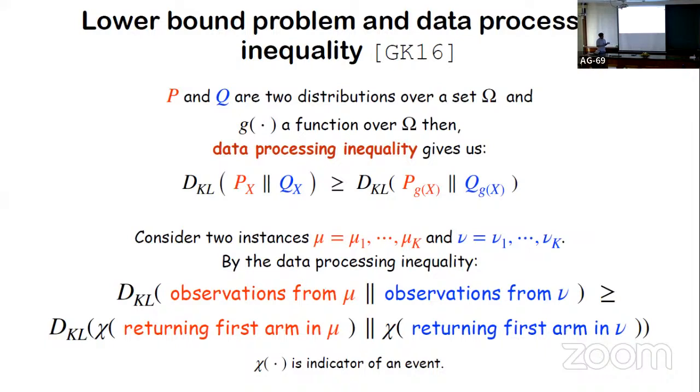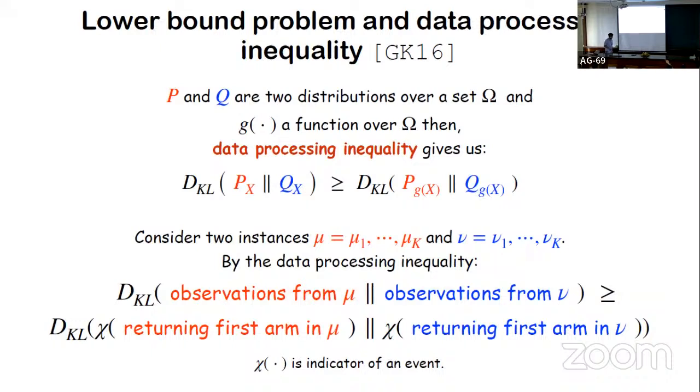The algorithm is just generating a tuple, like an arm and then a reward and then an arm and then a reward, and this goes on till the stopping time. This is what we call observations. And this is simply a Bernoulli event, and you can think of G as the indicator that the first arm is reported as the best arm.